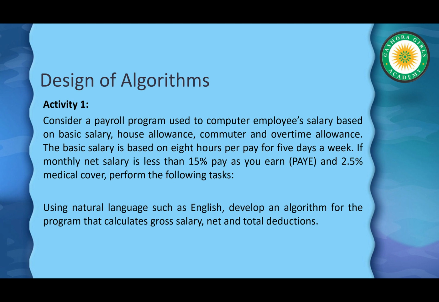The basic salary is based on 8 hours per day for 5 days a week. If monthly net salary is less than 15%, pay as you earn. And there is 2% medical cover. Perform the following tasks.